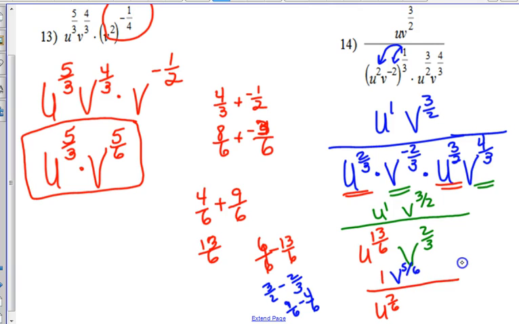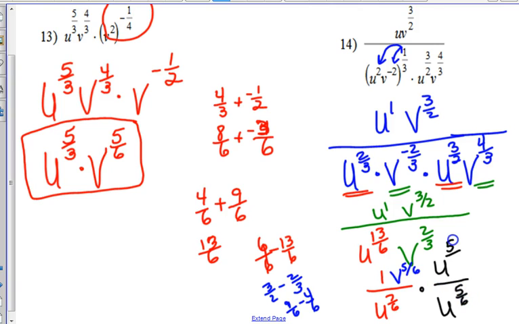Okay, I'm kind of out of room, but I'm going to keep going here. We need this to be a whole number, divisible by 6. For the u down here, how many more do we need to add to 7/6 to make it divisible by 6? 5/6, because then we'd have 12/6, which would be 2.